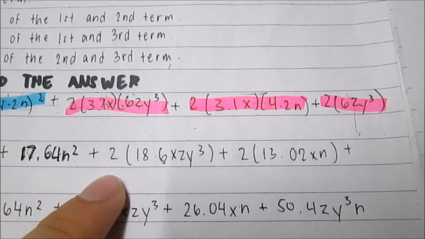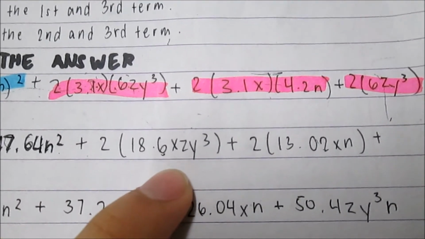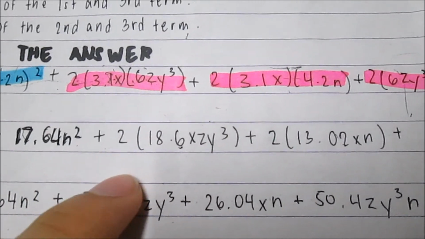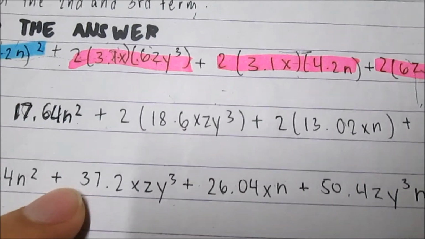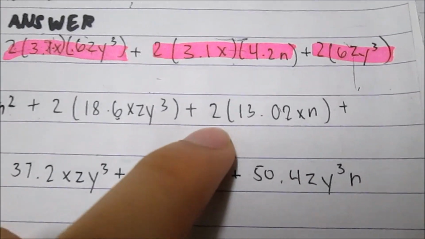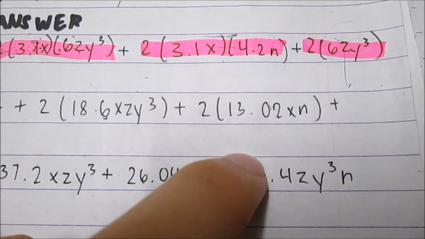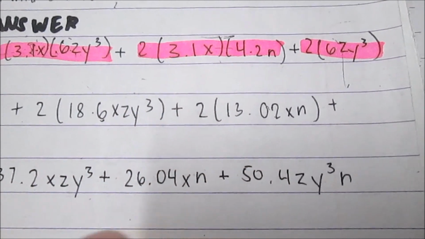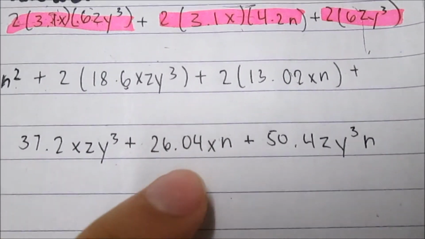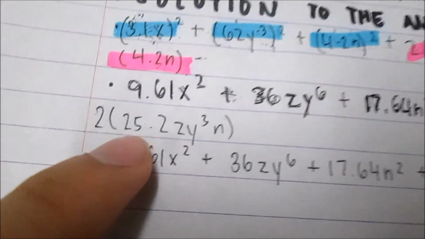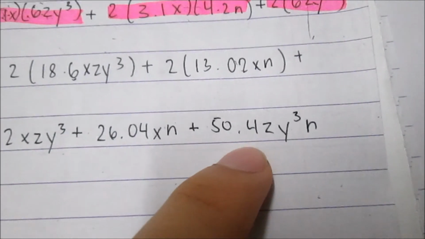Just multiply the 2 to the term. For example, 2 times 18.6 equals 37.2. 2 times 13.02 equals 26.04. 2 times 25.2 equals 50.4.